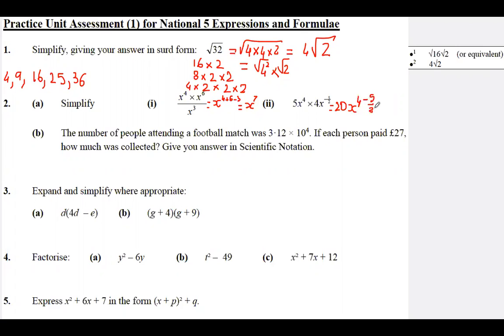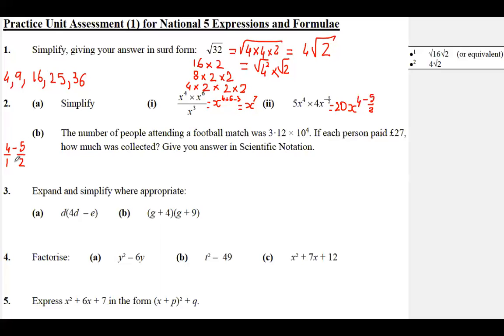But you need to show me that you can do this 4 minus 5 over 2. You do 4 over 1, essentially, then make it over 2. So this is how you do your common denominator. To add them up, you can say, okay, I'm going to do 2 times 4, 8, minus 5, divided by 2.